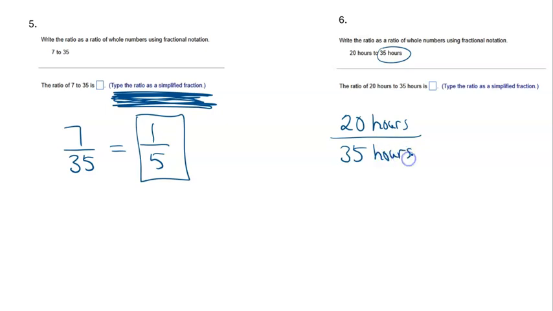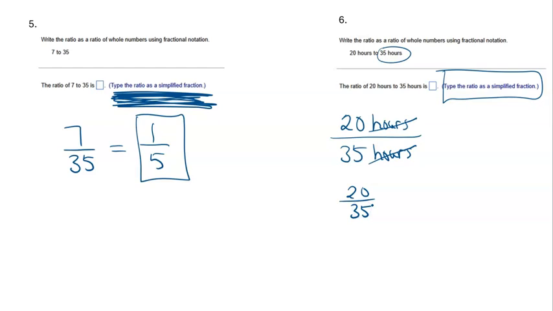Now let's read directions. It says type the ratio as a simplified fraction. Well, first I want you to realize when you're dealing with units, if they are the same unit, both numerator and denominator, that cancels just like a greatest common factor. So hours cancels with hours, and then you're left with the fraction 20 over 35.